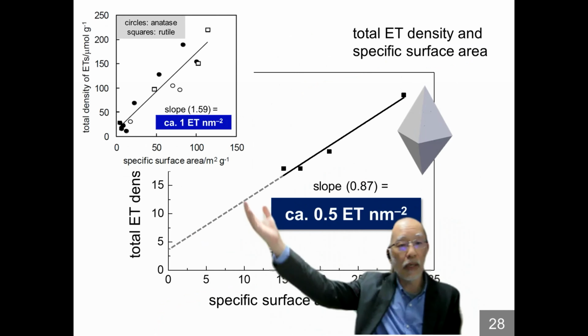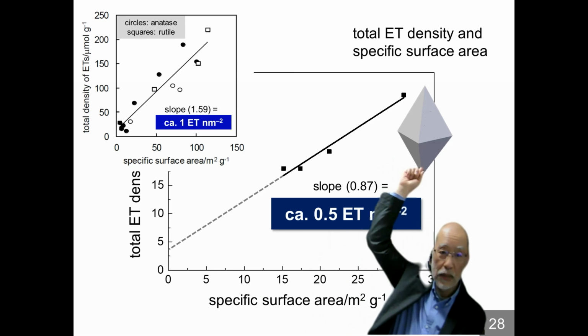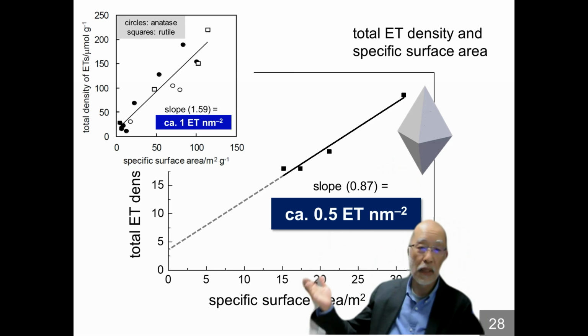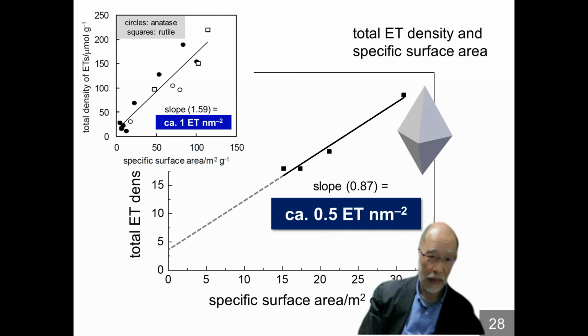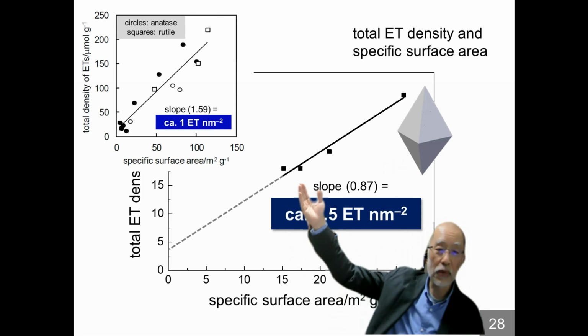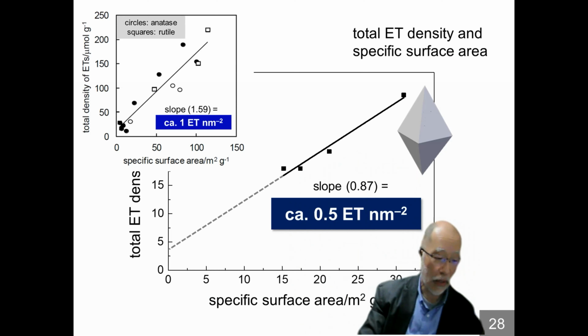That is about half of commercial titanium. So that means the pure 101 facet contains a bit lower density of electron traps. But the total density depends on the specific surface area.